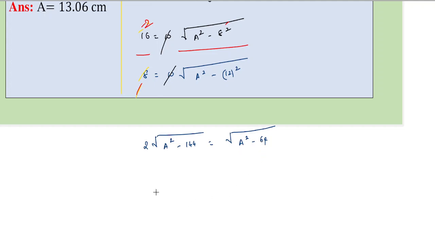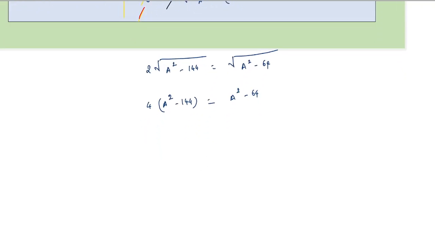Let's square this now. So 4 into a square minus 144 is equal to a square minus 64. Let's take 4 inside. So 4a square minus 144 into 4, that would be 576, is equal to a square minus 64.